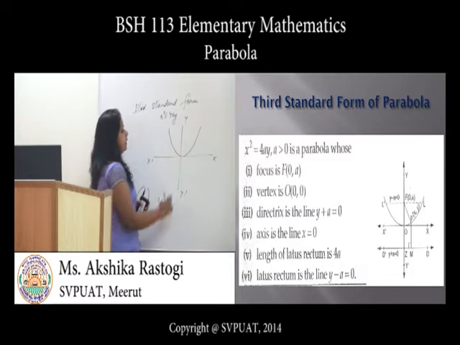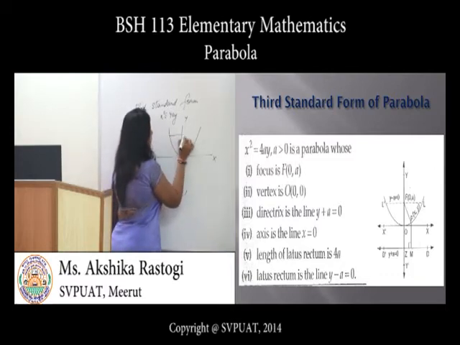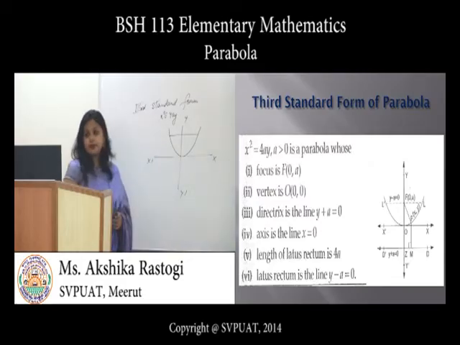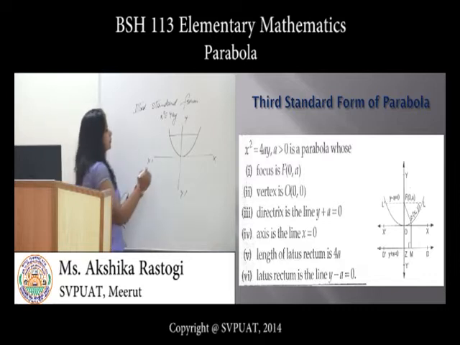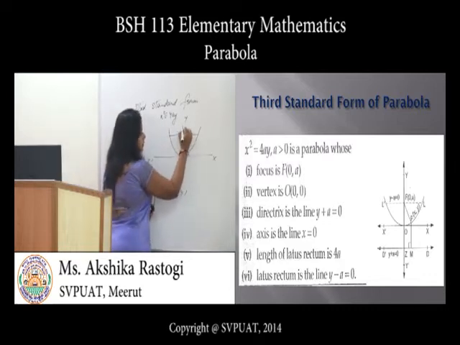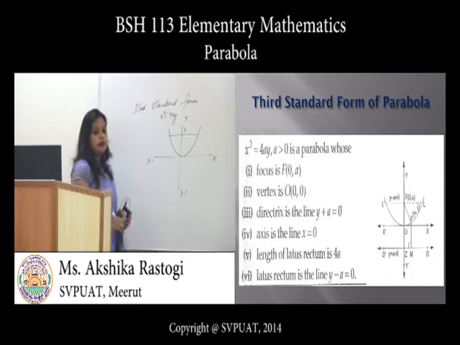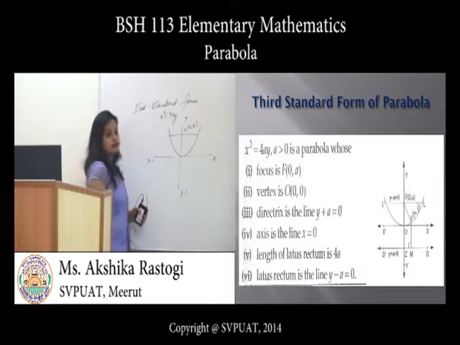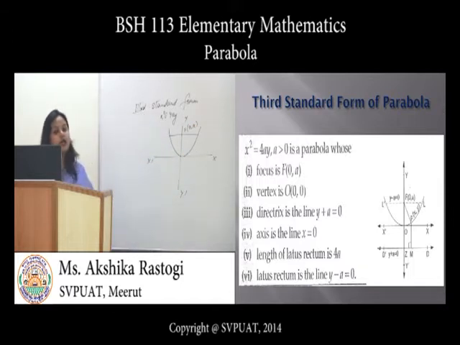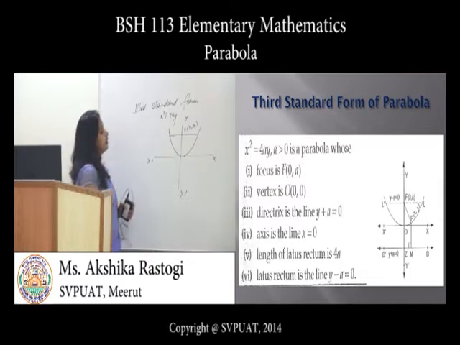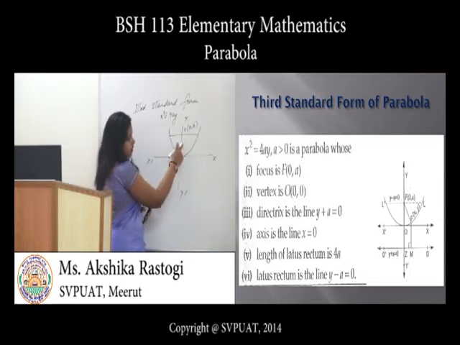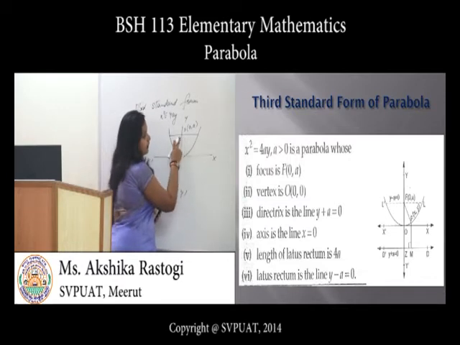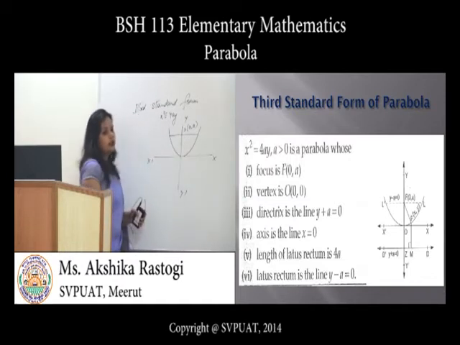Now the latus rectum will be on this side. This point will be the focus, 0, a. In the last two standard forms the focus was a, 0, now it will be 0, a, because it is on the y-axis, and there the value of x will be 0.